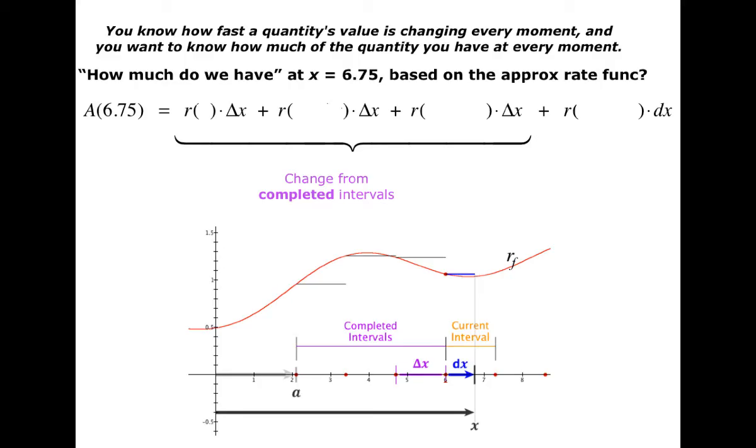Get the rate. Just the x value to get the rate, you guys. That's what you have to focus on. This is the x value to get the rate for that interval. Yes, 3.